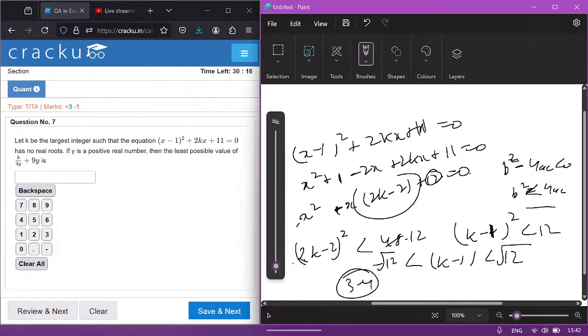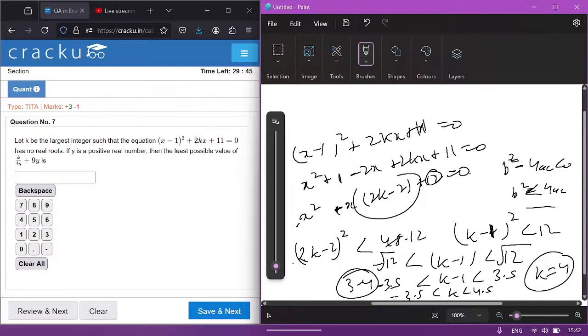Let's just assume 3.5, because we don't have a calculator right now, but this should be right. So k minus 1 is between minus 3.5 and 3.5. k is the largest integer, so k can be at most 4. It cannot be 5.